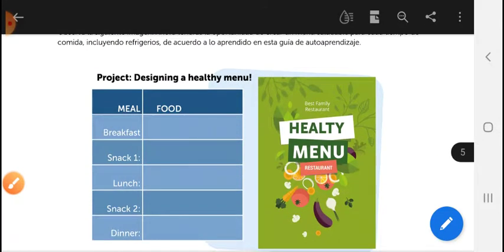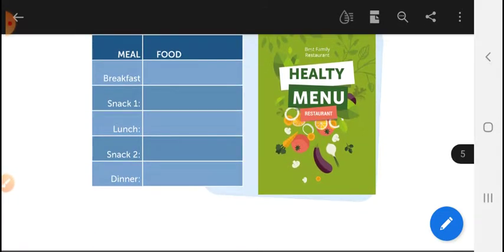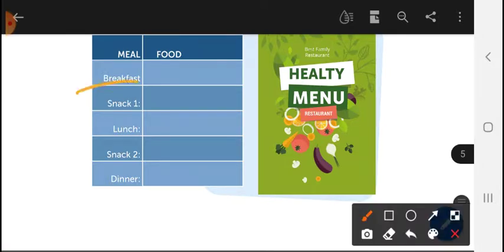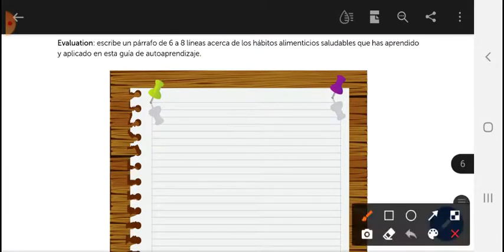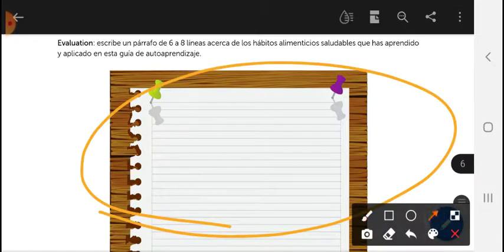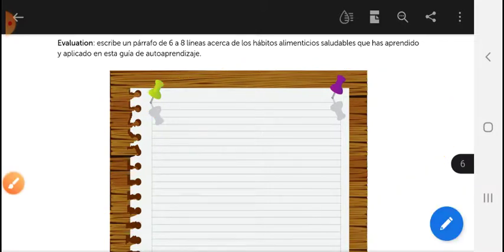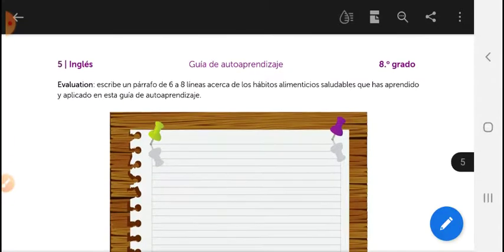Un menú saludable, healthy menu, que tiene que hacer usted con su breakfast, desayuno, sus snacks, el lunch y dinner, desayuno, almuerzo, cena, breakfast, lunch, dinner, okay? And finally, in English, en su cuaderno, va a escribir un paragraph de lo que ha aprendido de healthy food in English, por supuesto, okay?